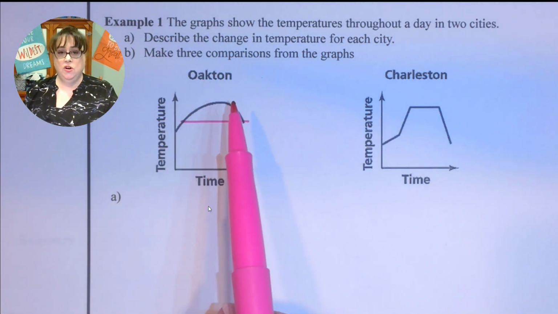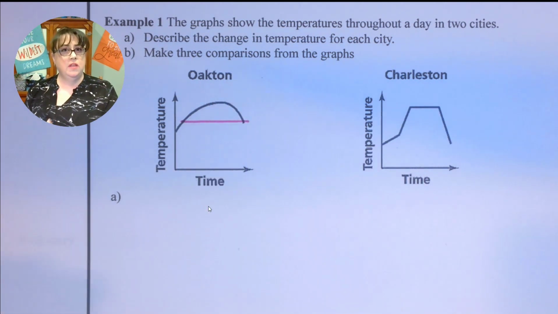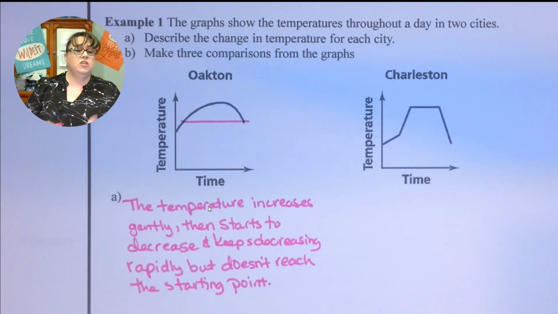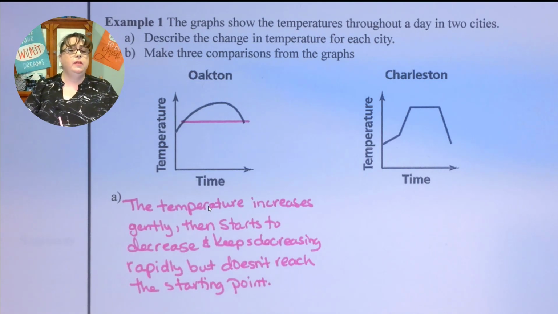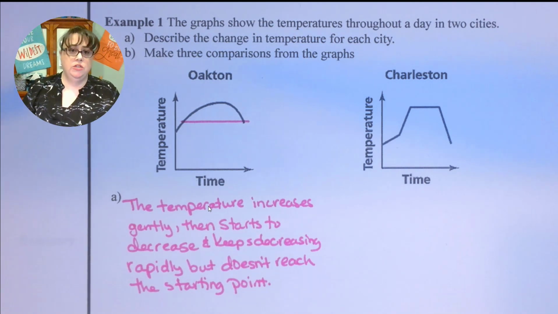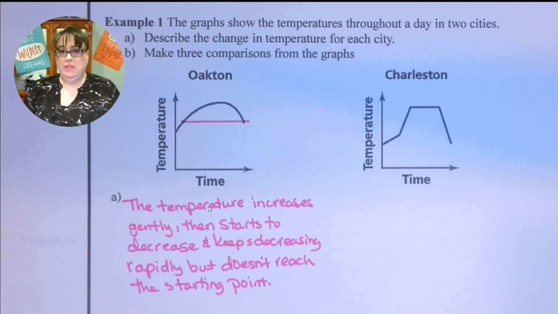This was a gentle curve, and then this is really fast. If you think of being on a roller coaster, that'd be pretty fast. That's kind of how I start to think about things. So the temperature increases gently, then starts to decrease and keeps decreasing rapidly, but doesn't reach the starting point. So that's one way you could describe it. Somebody might describe it a little bit differently, but that's the general way we should describe it.